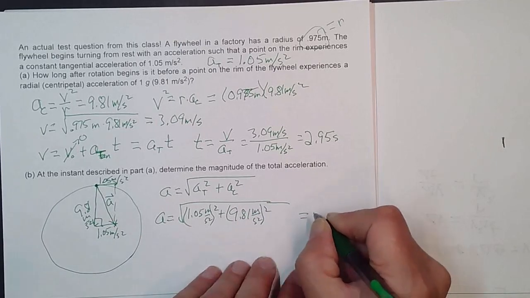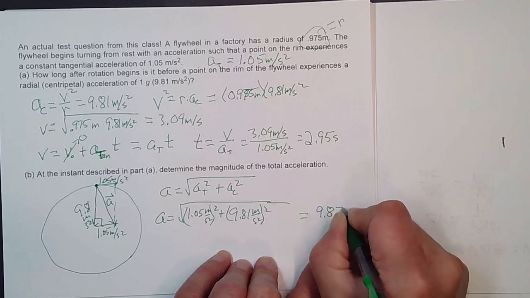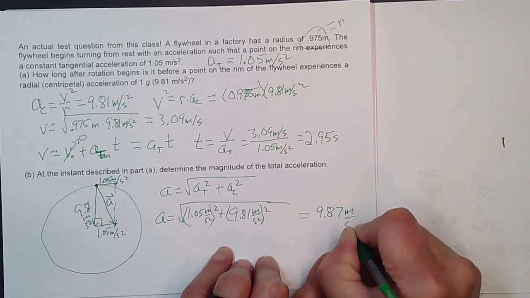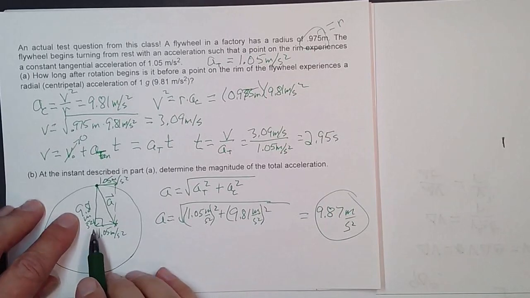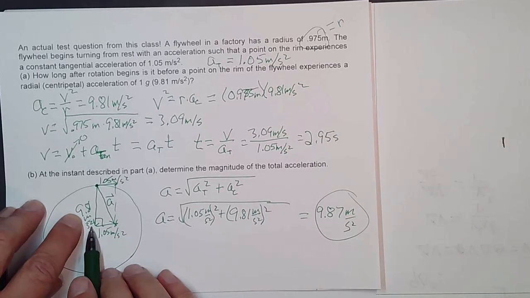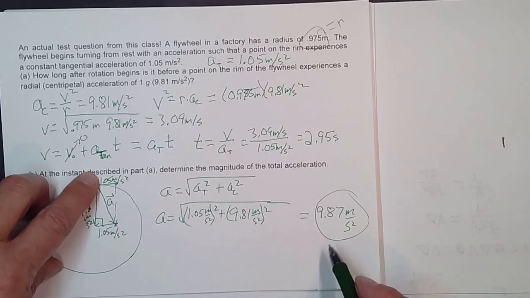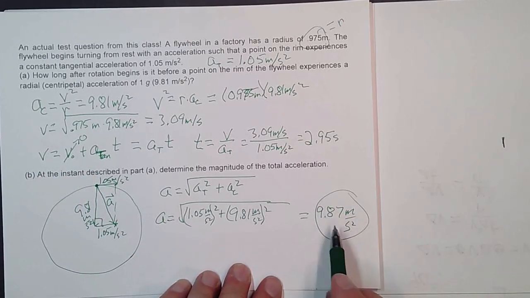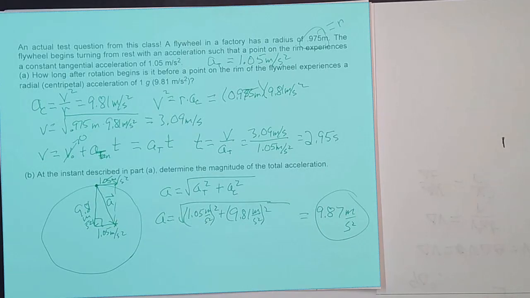And in this case, it's not that different from a g. It ends up being 9.87 meters per second squared. The centripetal acceleration is almost 10 times as much as the tangential acceleration, so that shows up when we calculate the total acceleration. So there are a couple of non-uniform circular motion problems.